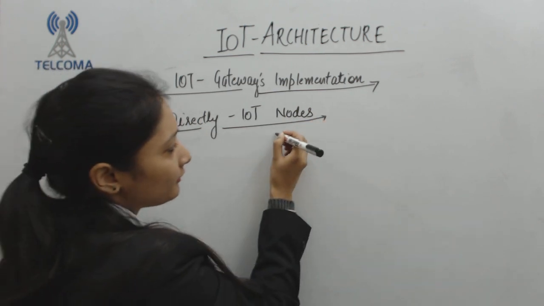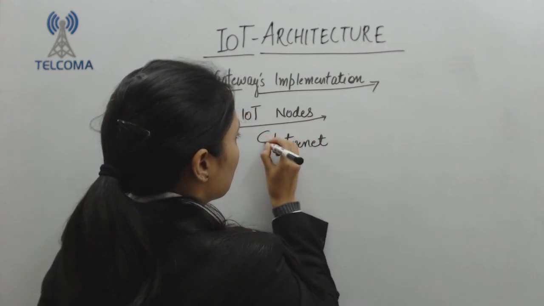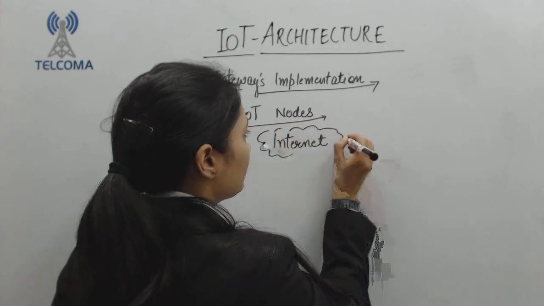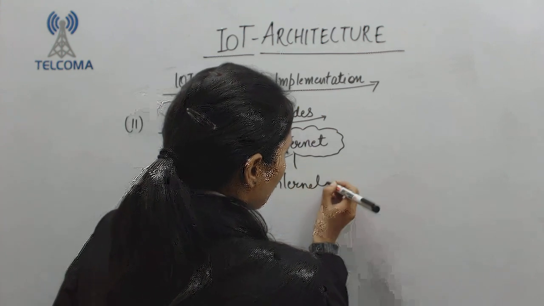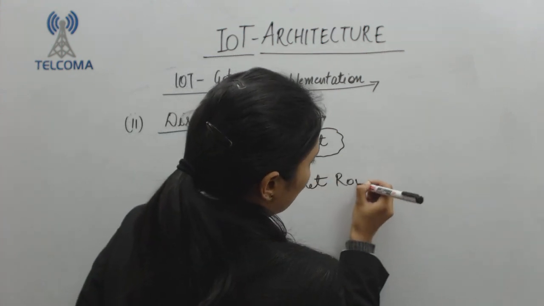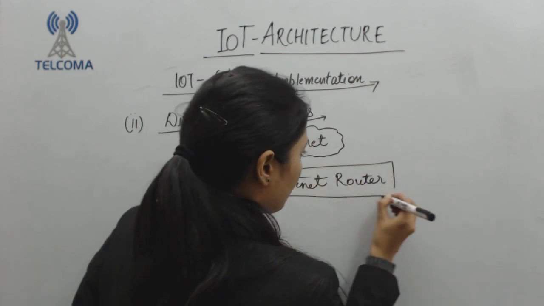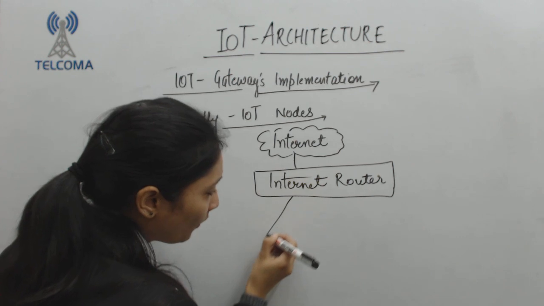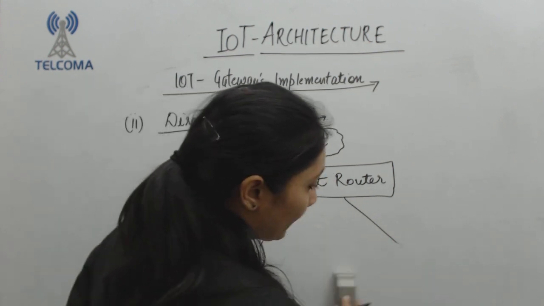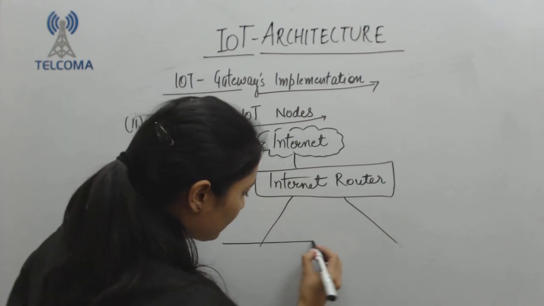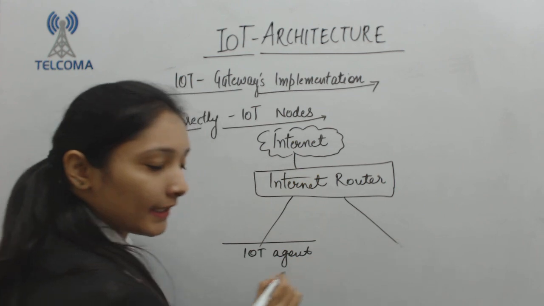So you have the internet and the internet router. Now here we have direct communication. You have the IoT agents.